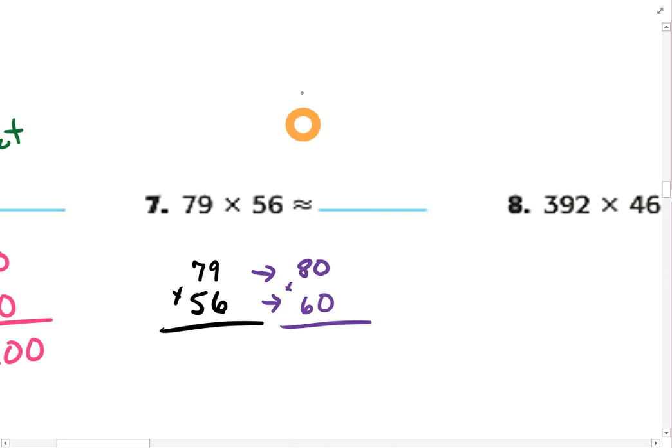So now when I multiply, again, I'm just looking at my easy compatible numbers to work with, and so I've got 8 and 6, 8 times 6 is 48, and then again I have 2 zeros involved here, so I'm simply just plugging in my 2 zeros at the end, and I get 4,800.